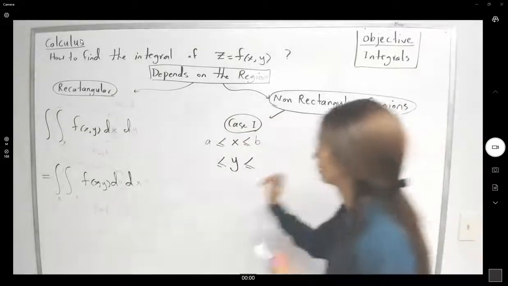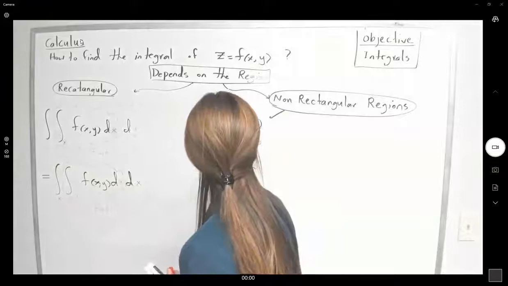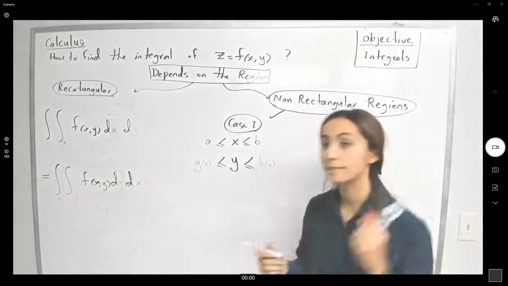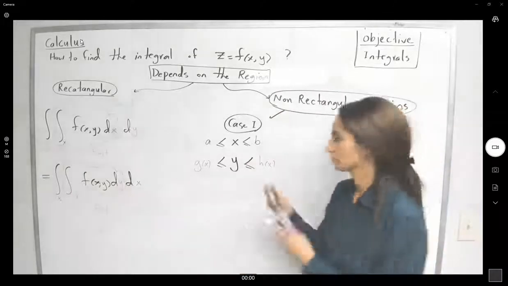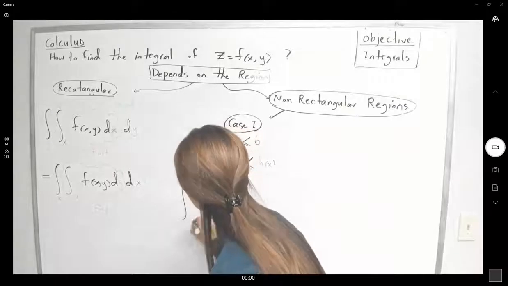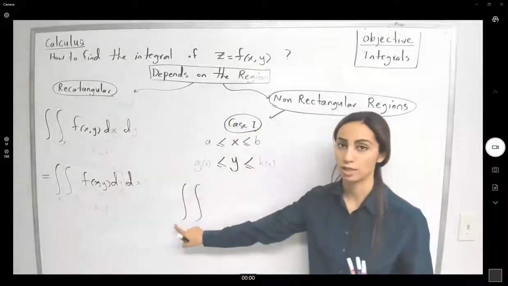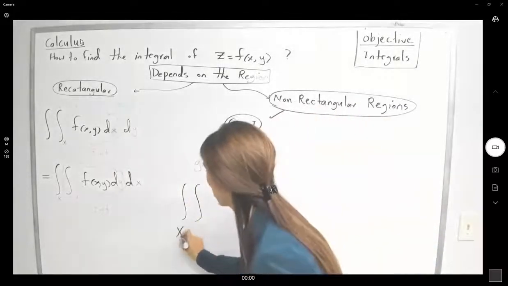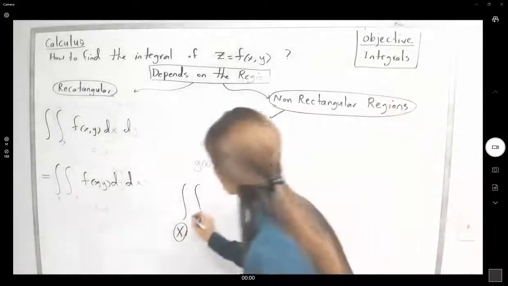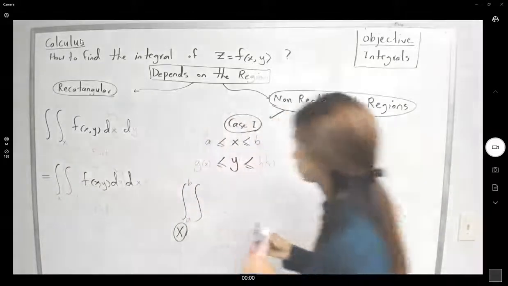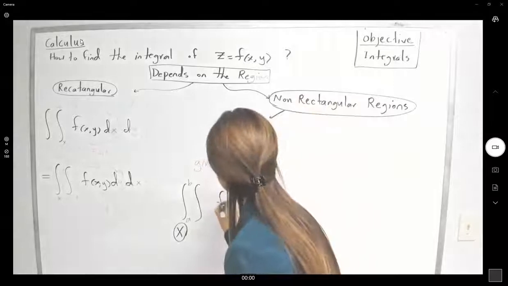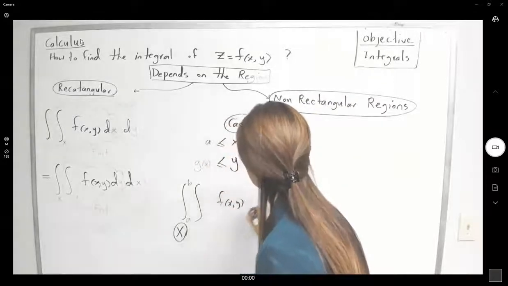So here we have, for example, g of x and h of x. Then the setup is like this. Your double integral must have x outside. x must be outside. So your x goes from a to b, and your y is inside. So this is f of x and y, dy.